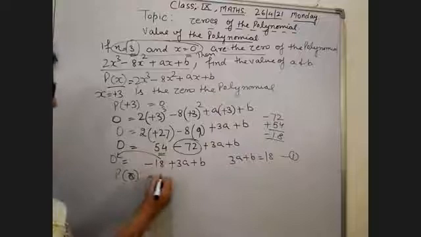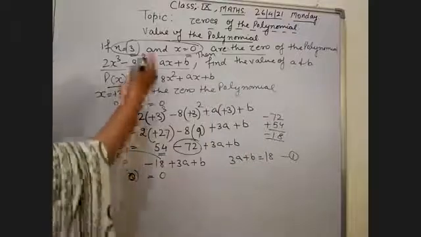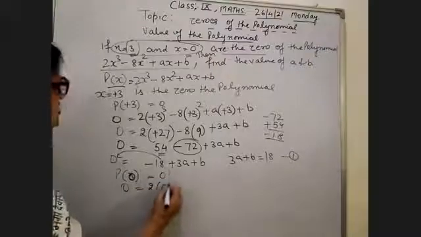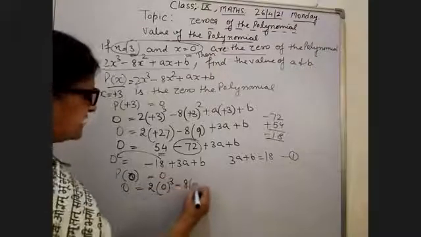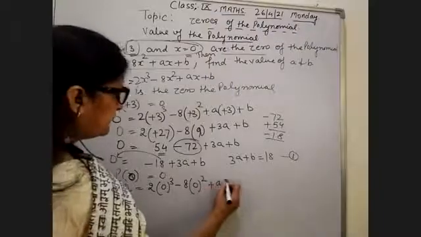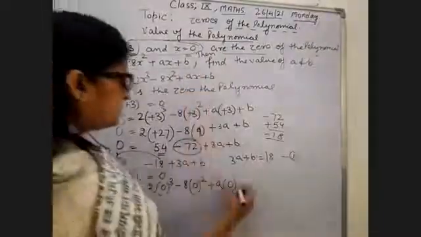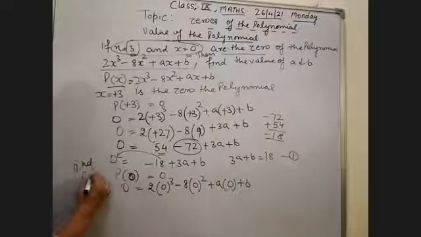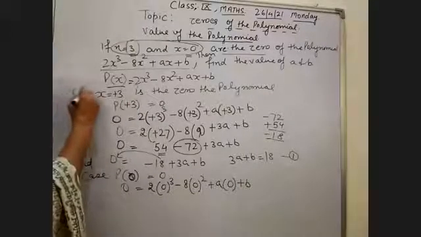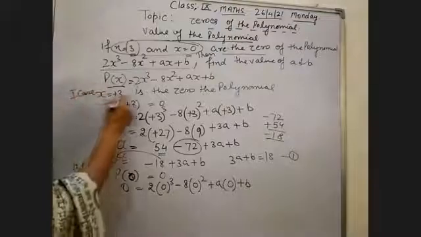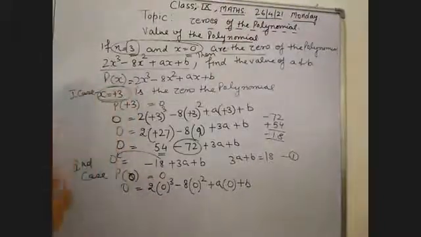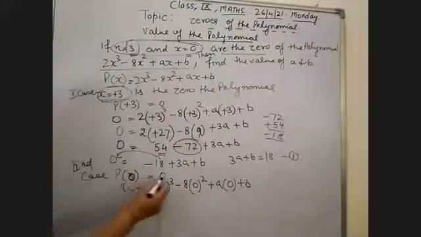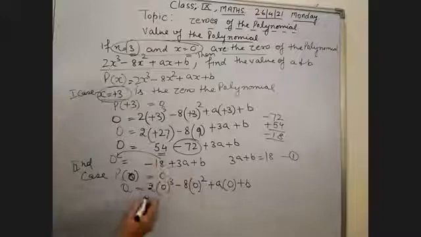p0 equal to 0 is given in the second case. So in place of the variable, 2 into 0 cube minus 8 into 0 square plus a into 0 plus b. This is your second case and this is your first case. When we put the variable value x equal to 3 as the 0 of the polynomial, and in the second case x equal to 0 as the 0 of the polynomial.